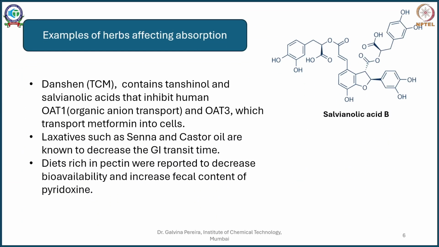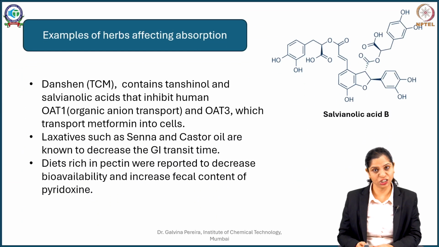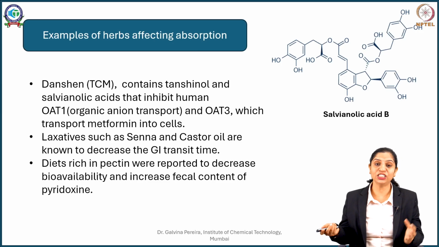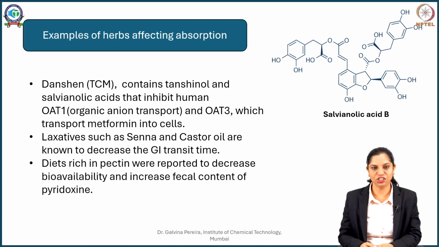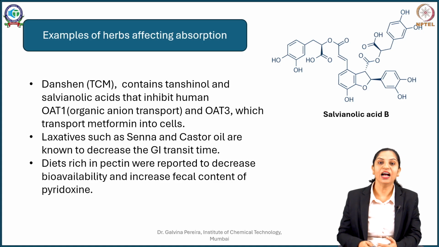Now there are also a few more examples from traditional Chinese medicine. Take a TCM, which is actually not a single herb but a herbal combination, danshen. It contains numerous herbs, and one compound present in it is danshinol, and another is salvianolic acids.